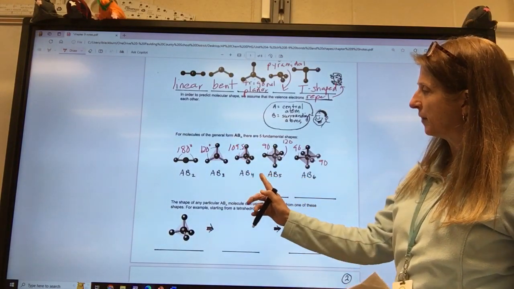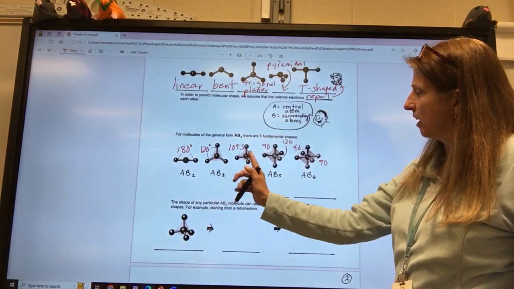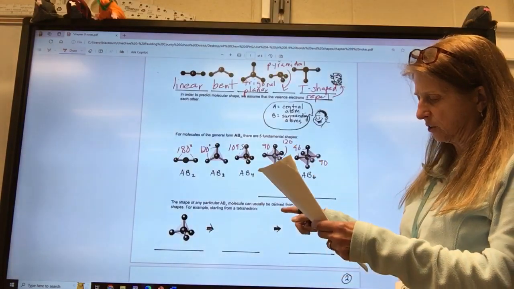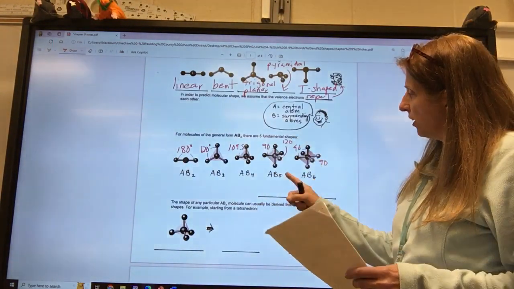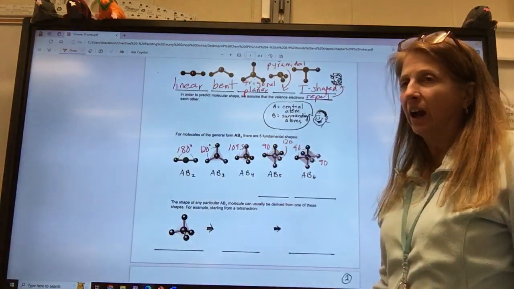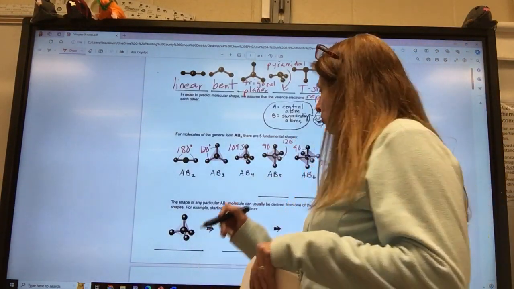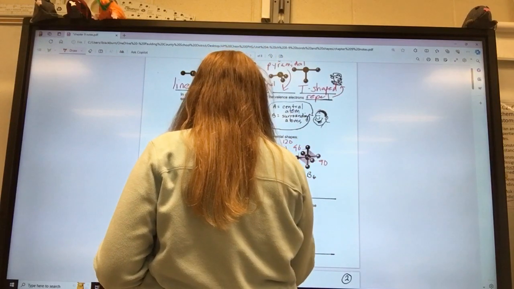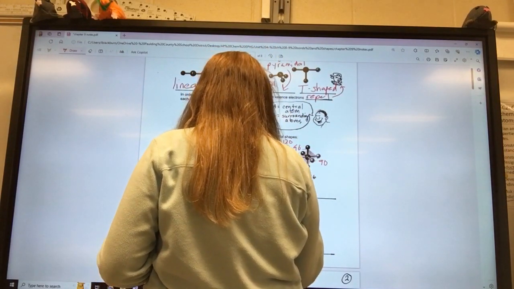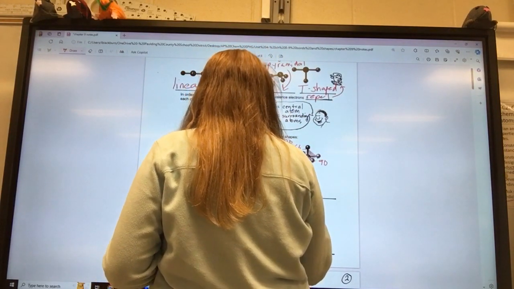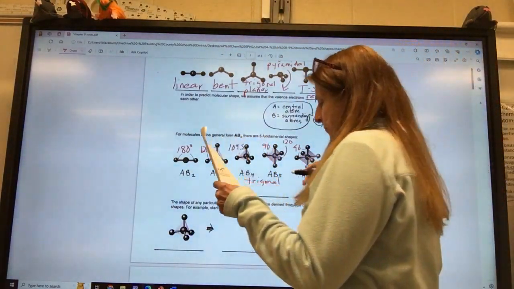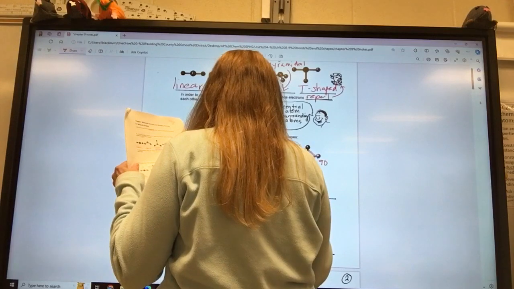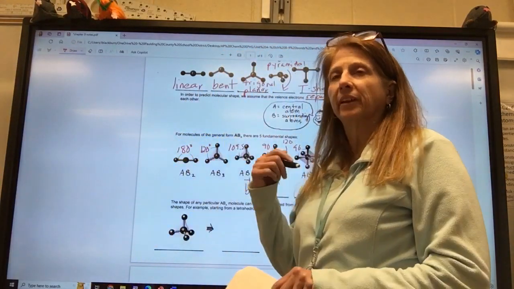Now, we already talked about the names of these, linear, trigonal planar, and tetrahedron, but we haven't talked about this one yet. This one is called trigonal bipyramidal. Doesn't that sound smart? We didn't learn these last 2 in honors. See, this class is honors plus a little bit more.